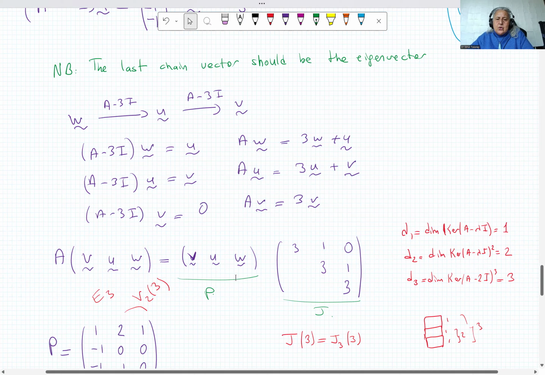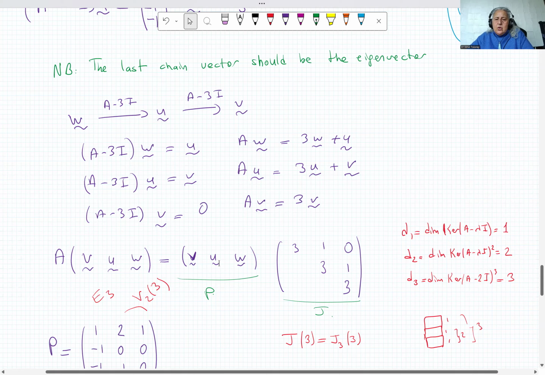AU is equal to V plus 3U, which is this equation, which is correct. So AW is equal to U times 1, 3 times W, which is the first one. So this equation is exactly the equations like this. They are exactly the same.